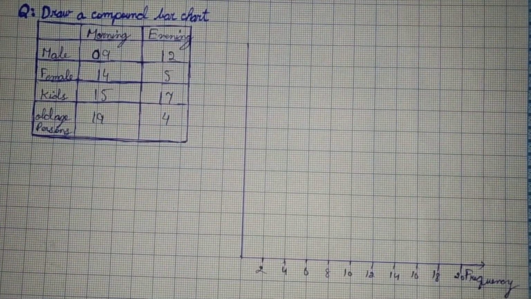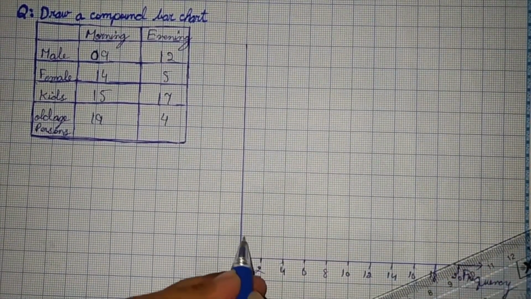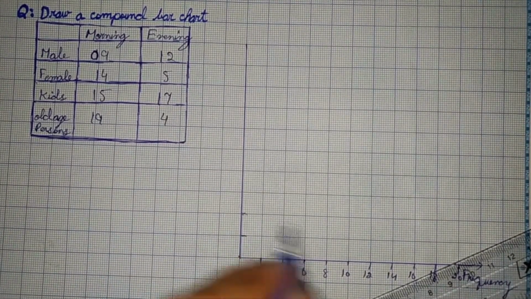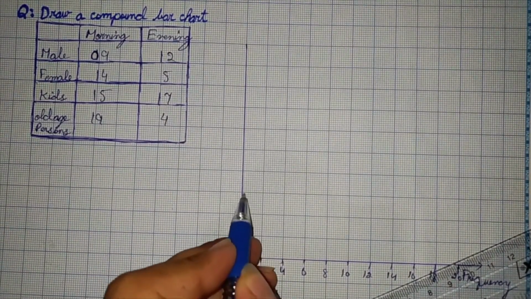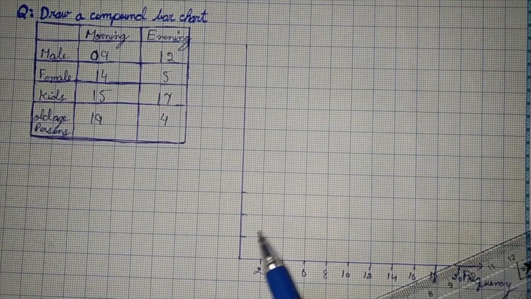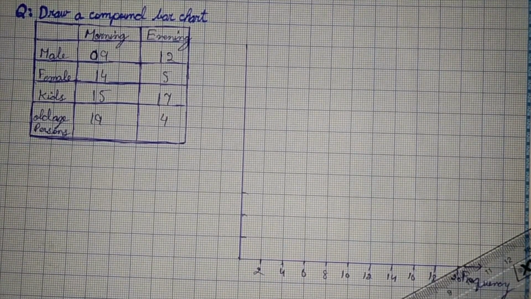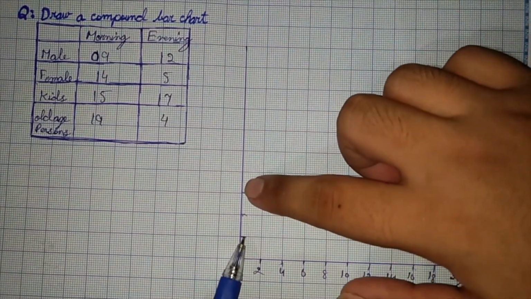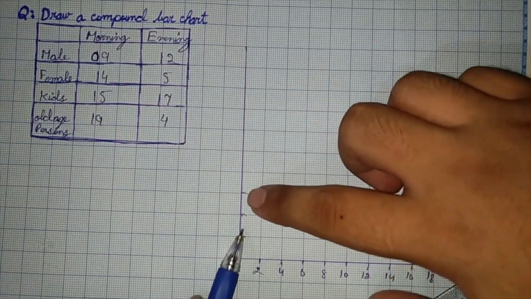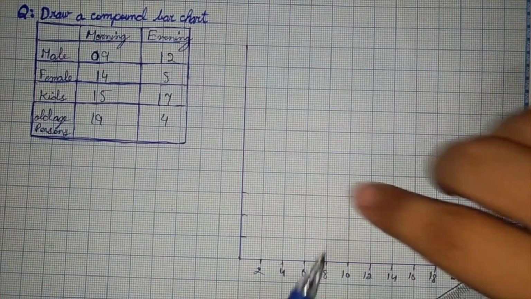If this one is our first bar, this one is our second bar. Here we have to draw a joint graph, 2 joint bars, because we have to compare.